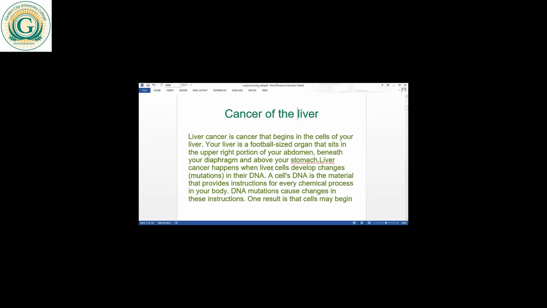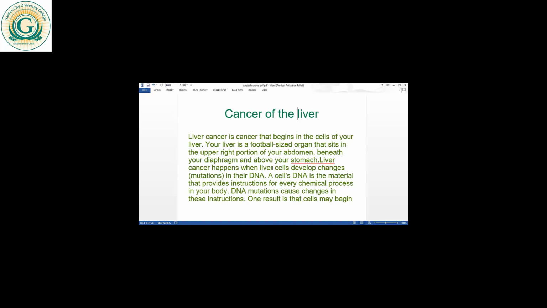So cancer of the liver, according to our material, is cancer that begins in the cells of your liver. Your liver is a football-sized organ that sits in the upper right portion of your abdomen, beneath the diaphragm and above your stomach. Liver cancer happens when liver cells develop changes or mutations in the DNA.